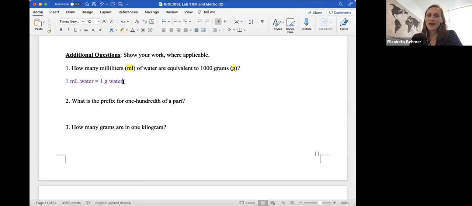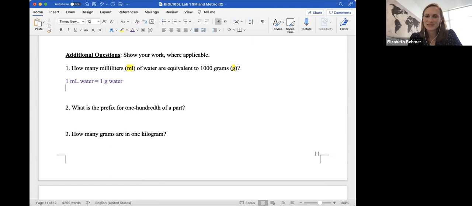So for example, this question asks how many milliliters of water are equal to 1,000 grams. What do you guys think? It's always just a 1-to-1 ratio. So 1 milliliter of water is equal to 1 gram of water. So how many milliliters of water would be equal to 1,000 grams of water?